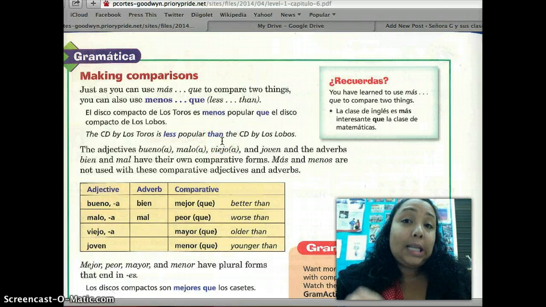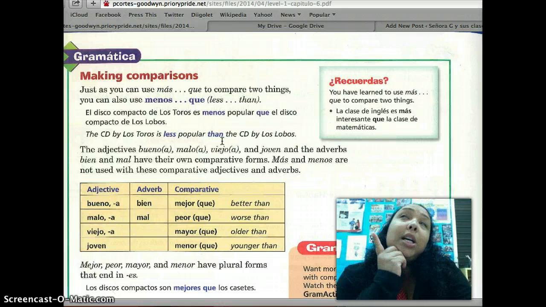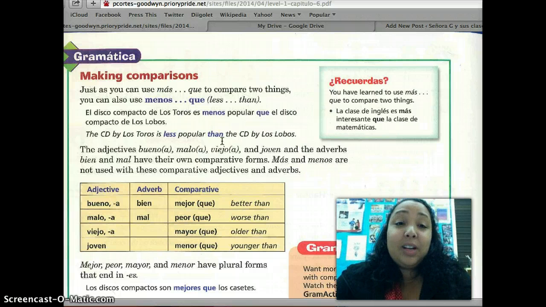Wherever you see that ... take a second and think, what am I going to put in that ...? Did you figure it out? A comparative adjective, such as popular, intelligent, pretty, ugly, short, big, small.